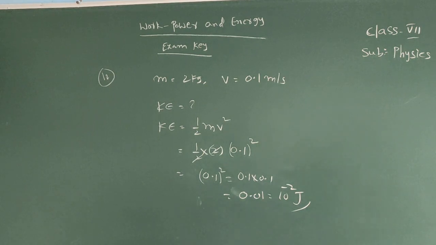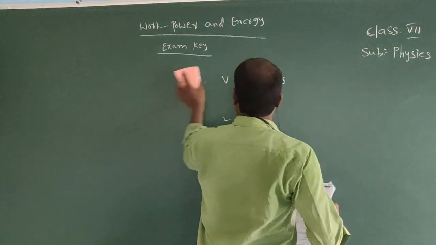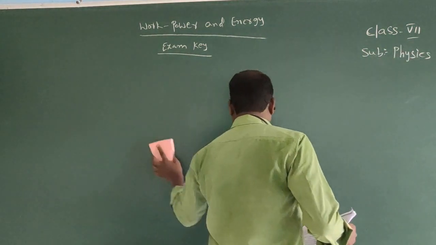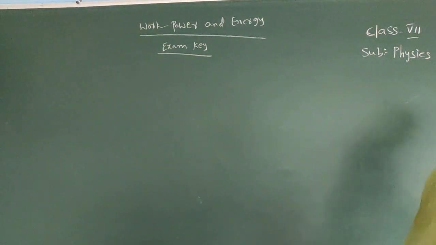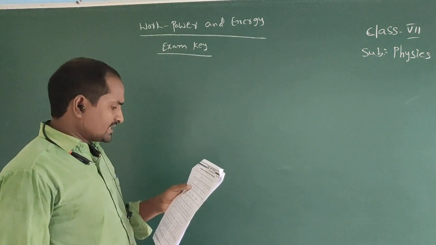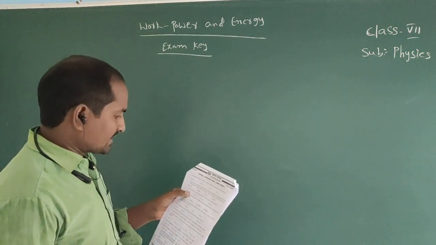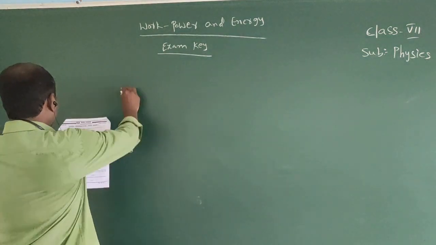Okay. Next one, 13. A moving body of mass equal to 10 kg has 20 joules of kinetic energy. Calculate its speed.